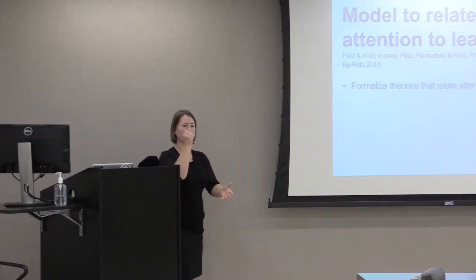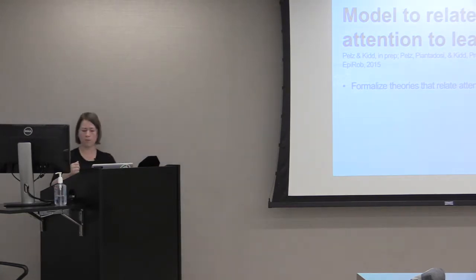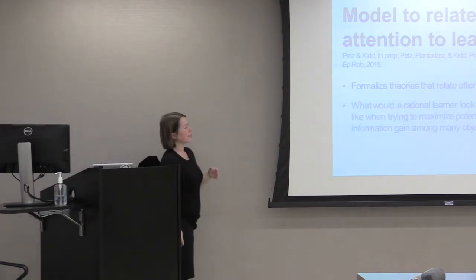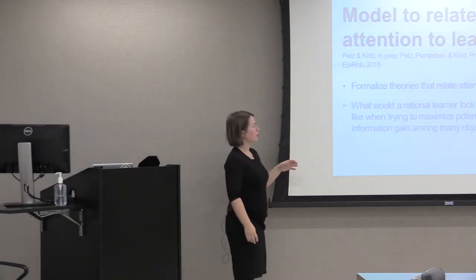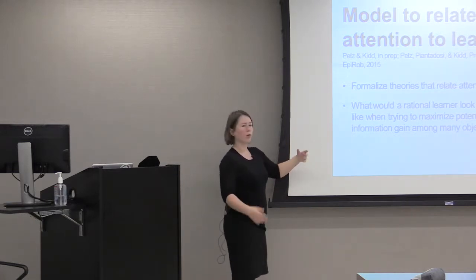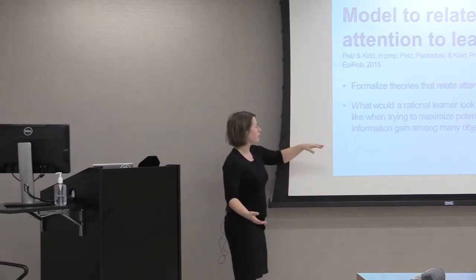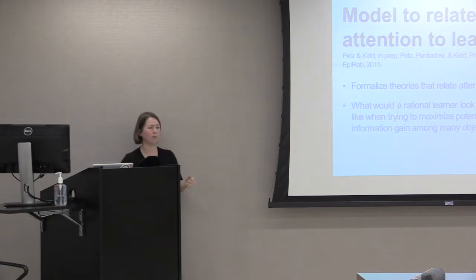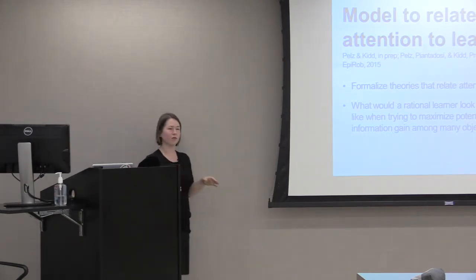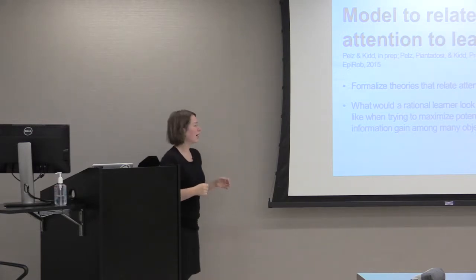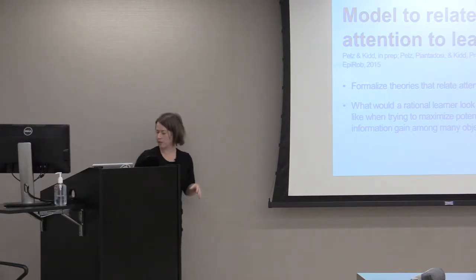It's intended to be a starting point with which we can design other experiments and tweak it and figure out how things work. You can think of the idea of this model as trying to explore what a rational learner or an optimal learner would look like when trying to maximize potential information gain among many possible objects in the environment. So this is not like the Goldilocks stuff where it's like, look or don't look. This is like, how do you choose between things in the world?